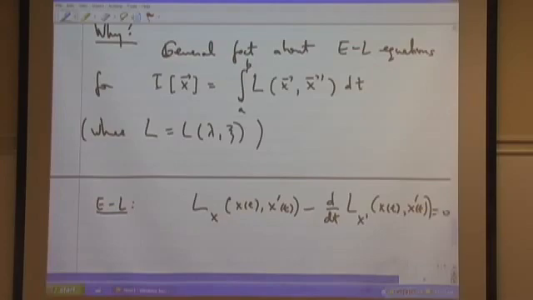Here x is either a vector or a scalar, it doesn't matter.